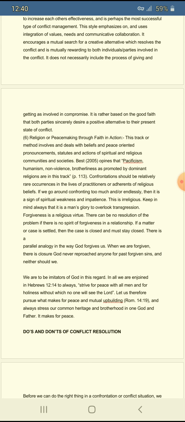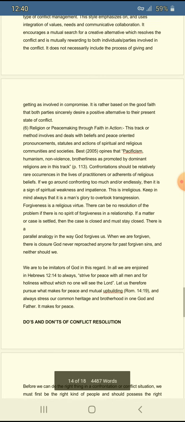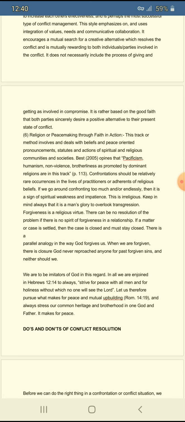And so in this aspect, this is where a religious individual, a religious body, a religious organization will step into a situation to deal with it. We have a very good example of the Pope going to Sudan to make sure that there is peace between northern Sudan and southern Sudan.